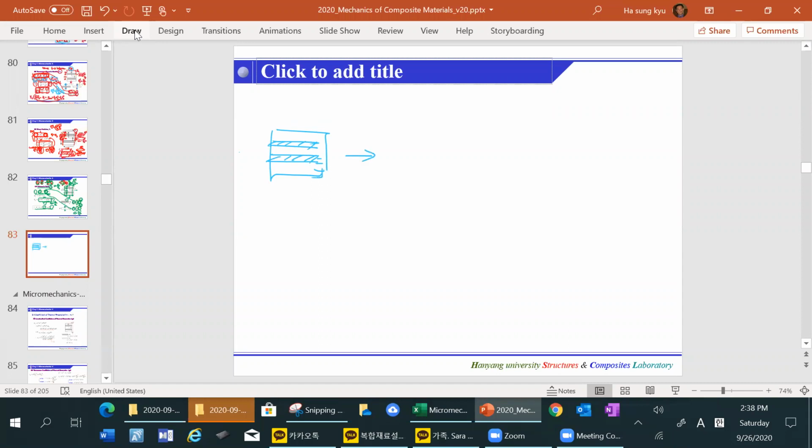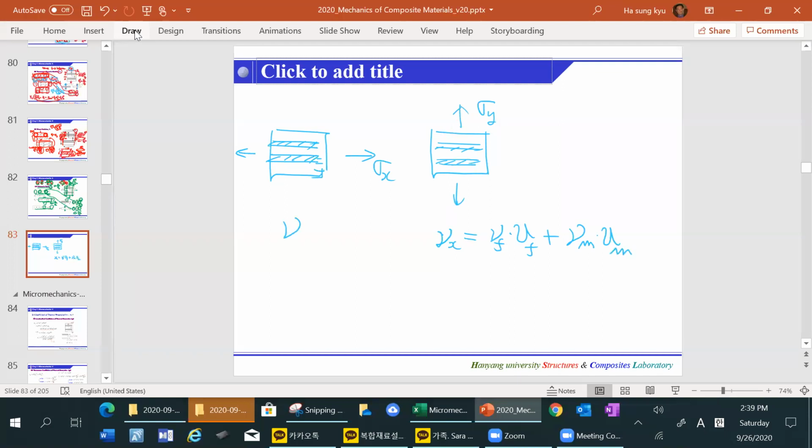We have this, with sigma y and sigma x. And from here we derive that the Poisson's ratio x is given as the fiber Poisson's ratio times VF plus the matrix Poisson's ratio and volume fraction, right?